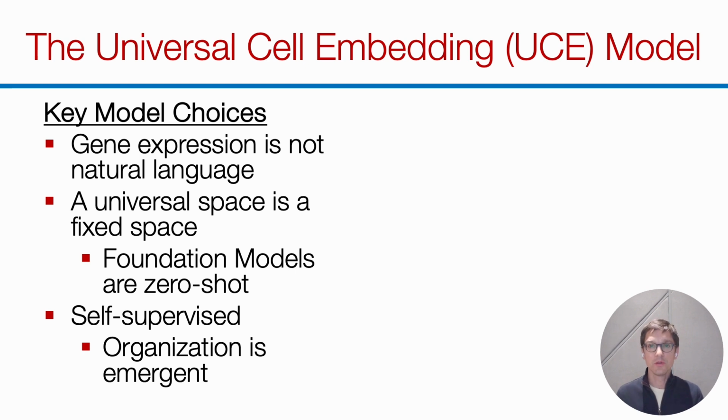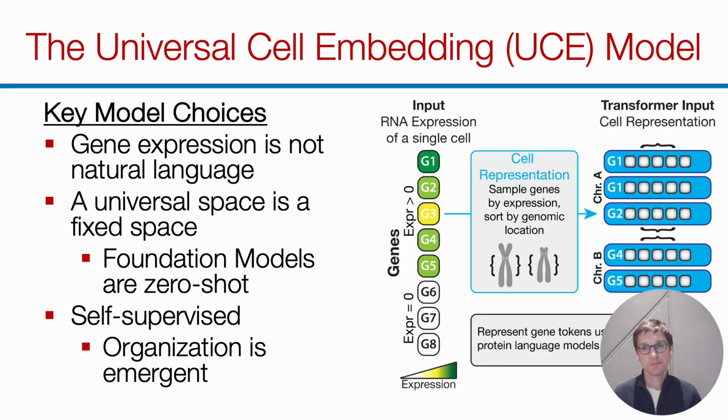It can be used on new data, on never seen tissues, never seen organisms without any fine-tuning or retraining required. And it's trained in a fully self-supervised way, which means the organization that the model learns of the embedding space is fully emergent. There is no data labeling required. The model really just learns from the biology itself.